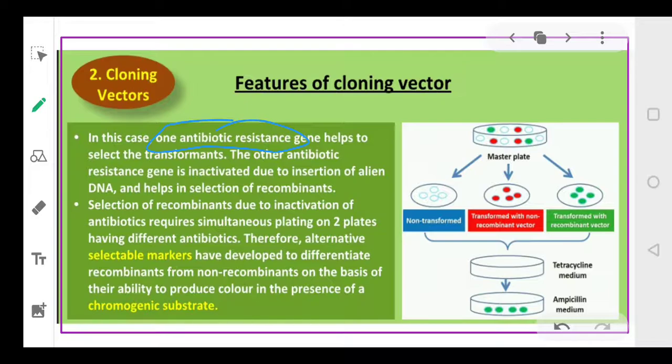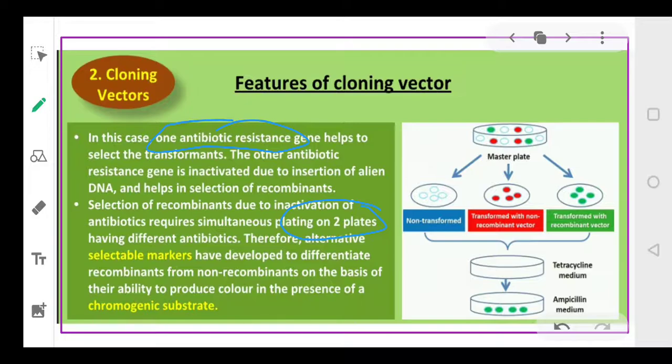But this process of selection or identification of recombinants due to the inactivation of antibiotics is a very tedious, very cumbersome process. ये जो तरीका है ये आइडेंटिफाई करने का कि कौन से सेल्स रिकॉम्बिनेंट हैं, कौन से सेल्स नॉन रिकॉम्बिनेंट हैं, it's a very tedious, very long process. And we have to plate 2 plates every time. We have to grow 2 plates having different antibiotics, which is very cumbersome.